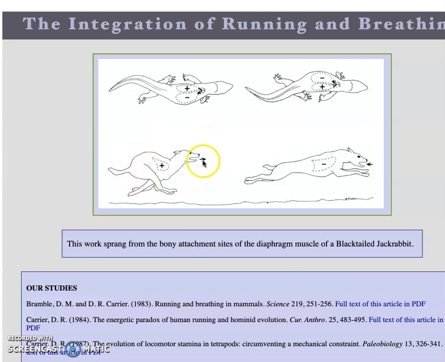On the other hand, in mammals, they've evolved a different system where the lungs are compressed during certain parts of locomotion, and then as the mammal stretches out in another part of their steps, the lungs expand. So they actually are breathing in time with the way they're moving, which is very, very efficient.